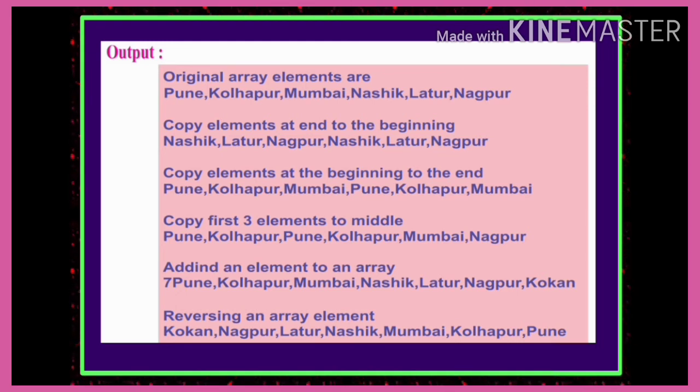The last element Konkan is displayed in the first position, Nagpur in the second position, and likewise it will show Konkan, Nagpur, Latur, Nashik, Mumbai, Kolhapur, Pune. This is the reverse order of the previous array elements. So this is an example of reversing an array.